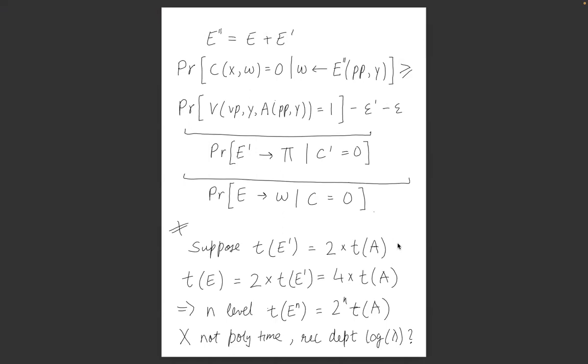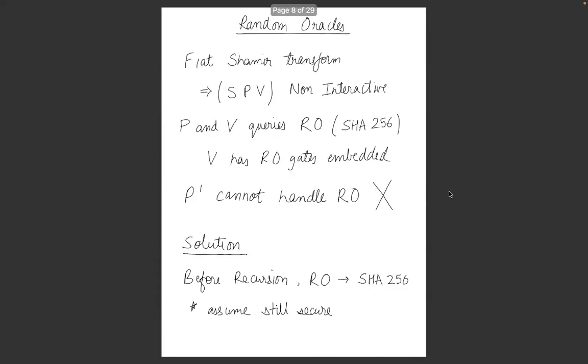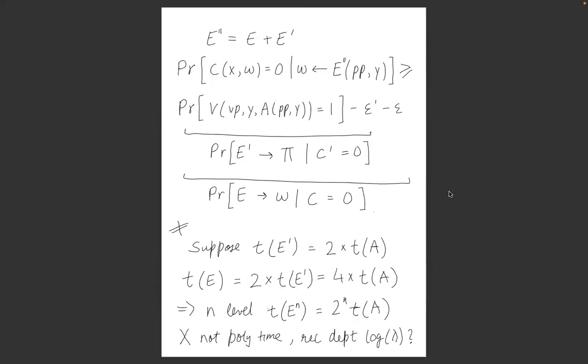I'm not quite sure if it's appropriate or not, but people just use it. If n is a constant, that is not a problem. I think there's a discussion in the paper of Nova or some paper before that. I'm not the expert of this part.